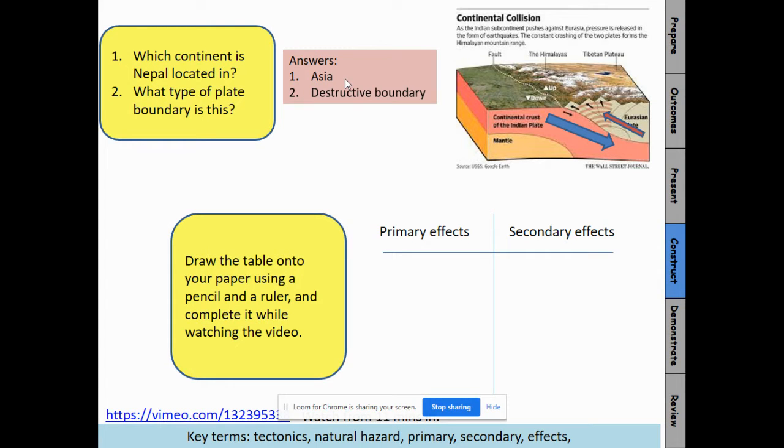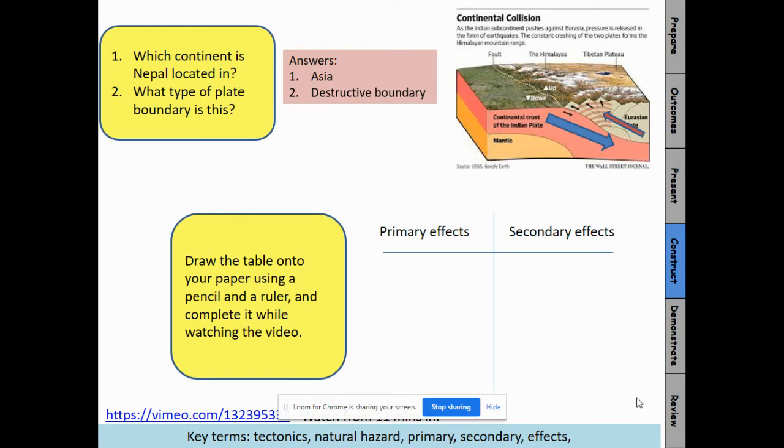So what I want you to do now is, again, draw this table on your paper using a ruler, and I want you to complete it whilst watching this video. It might also be good if you get a couple of different coloured highlighters or pens if you have them, and you can put whether you think an effect is an environmental effect, a social effect, or an economical effect.